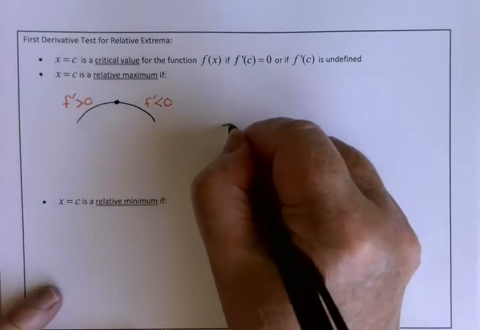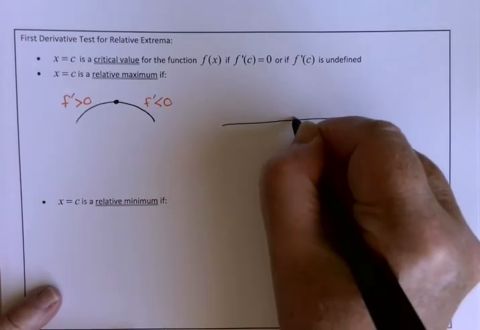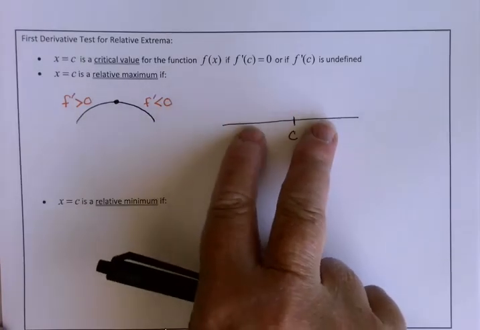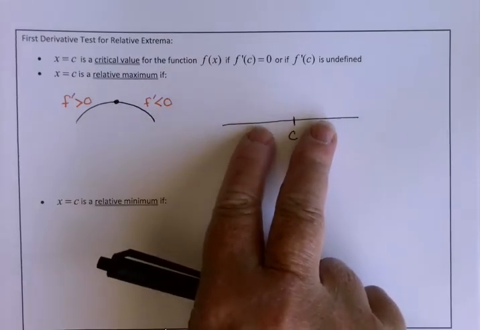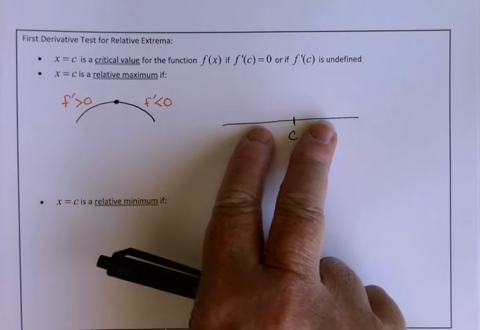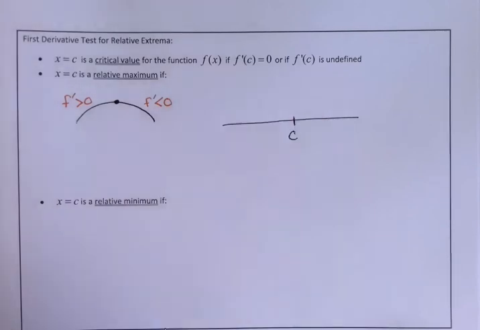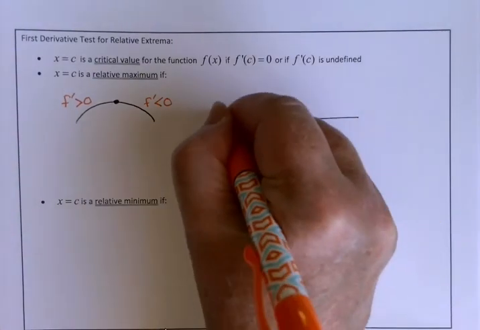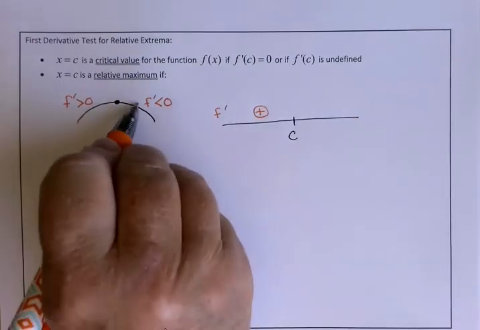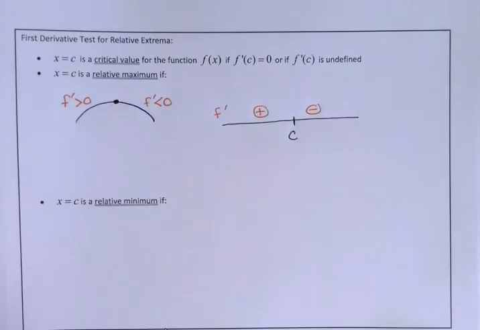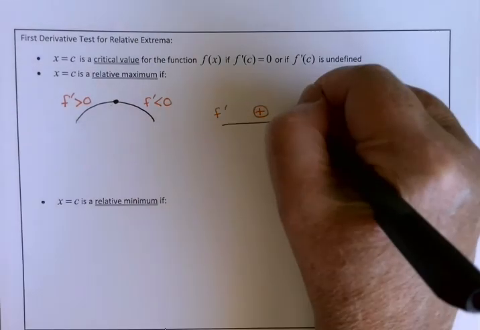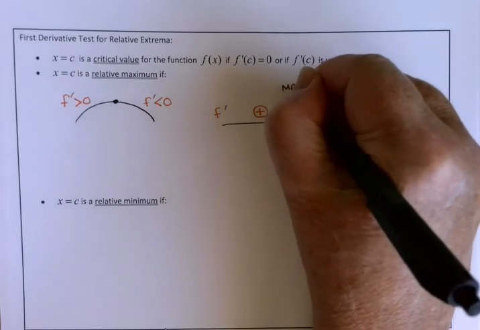We're going to create a little diagram where we put our critical value c on a number line, and then we'll just test some points on either side of it, very much like what you did with limits, not surprisingly, because the derivative really is just a limit, remember. And if we get positive values for f prime on this side and negative values for f prime on that side, then we know that right at c we have a maximum.